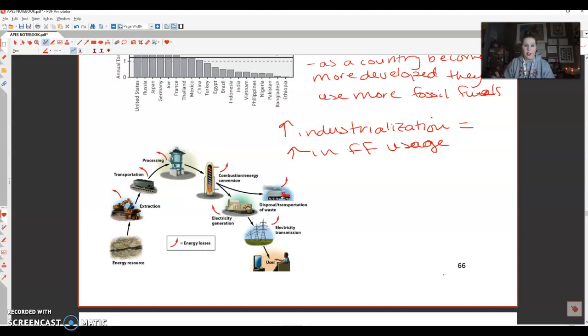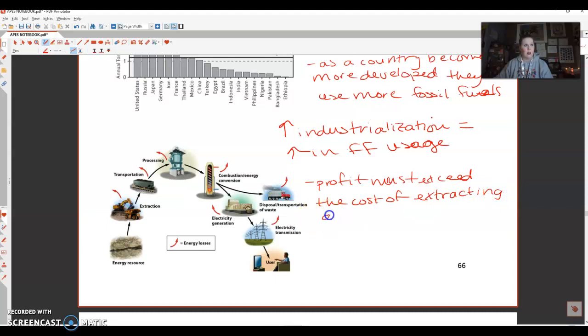Okay, if it costs more to extract it, you're not going to have any profit. So profit must exceed the cost of extracting and processing.